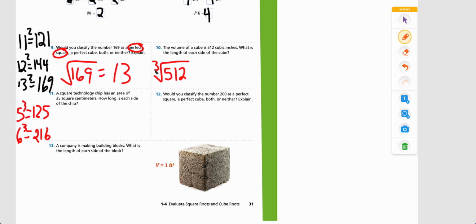So what do you think we should try? 7 cubed? Or 8. It might be 8. I don't even have a calculator up here. 7 cubed is 343. Okay, and then 8 cubed. 8 times 8 times 8.